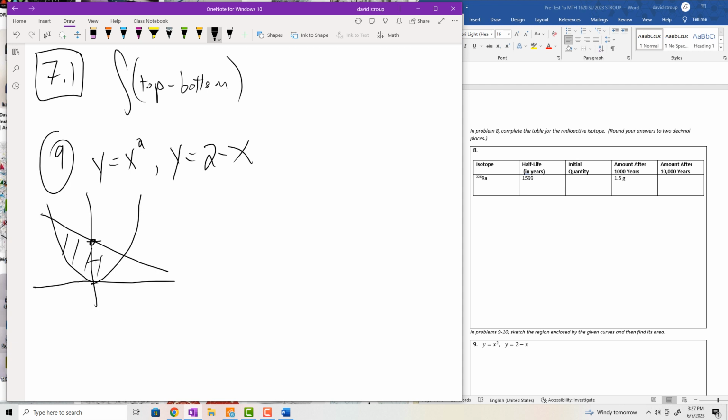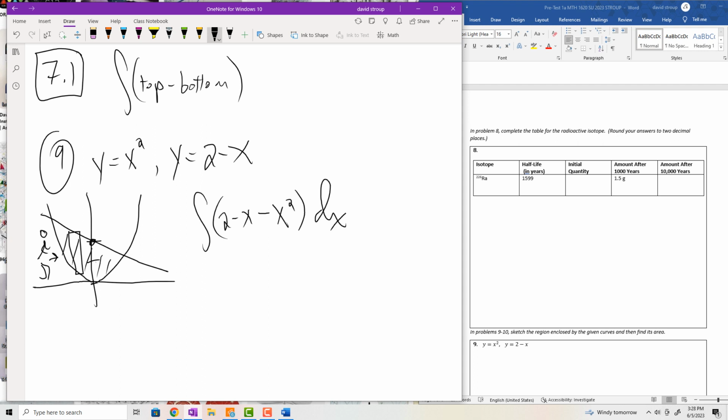We want the area between these two curves. So the Riemann person is in this orientation running across. The rectangles are vertically oriented. Top is the linear curve, 2 minus x, and the bottom is the x squared.